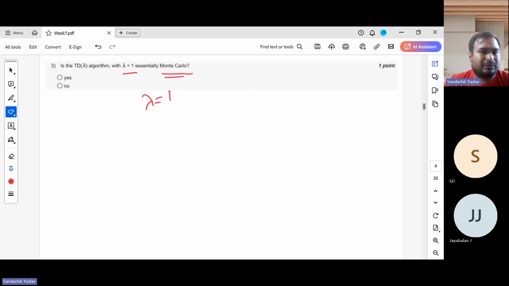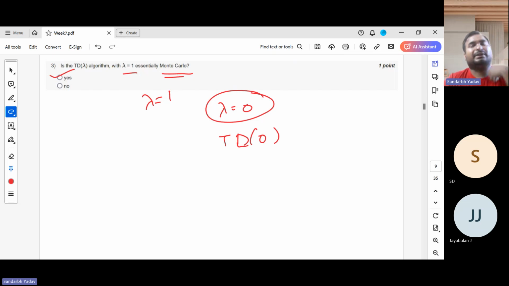So the answer is yes. But what happens if lambda is equal to 0? If lambda equals 0, then we have our usual TD(0) algorithm. So this lambda denotes that value. Initially we started off with TD(0), then we introduced the general family of these algorithms, the TD lambda algorithms.